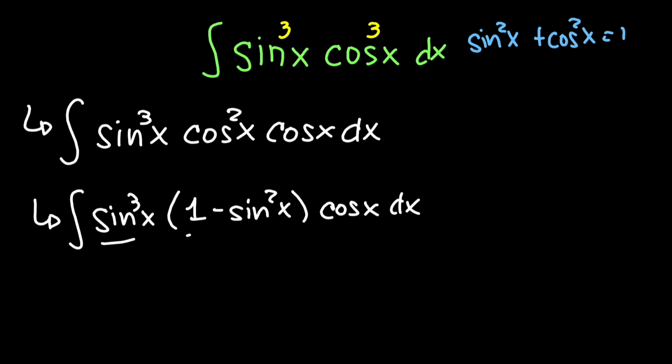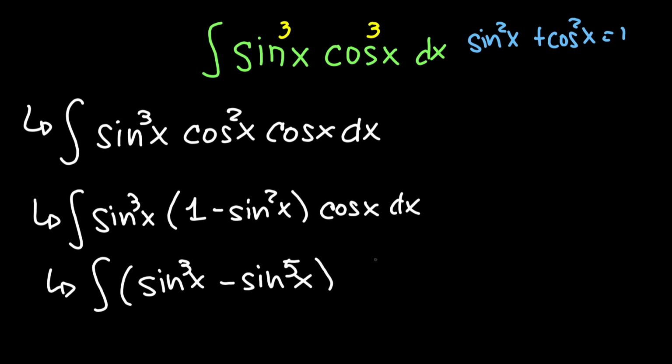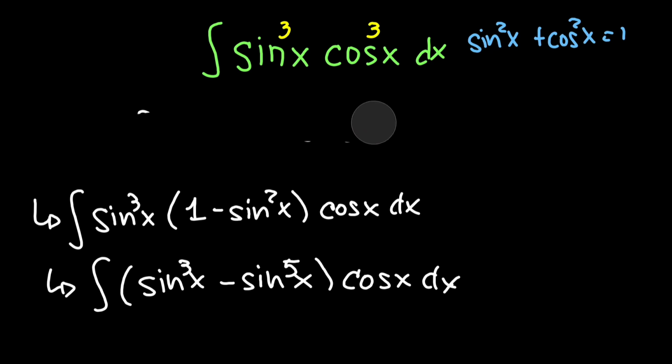And the next step would be to distribute sine cube of x among the parentheses again. Once again, the factored out cosine of x would be part of dx, just like what we did earlier.